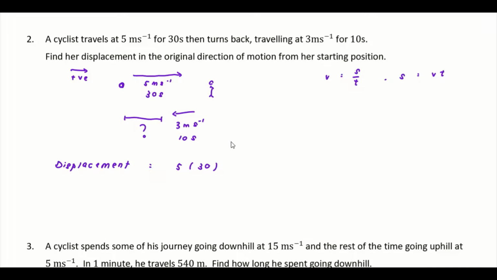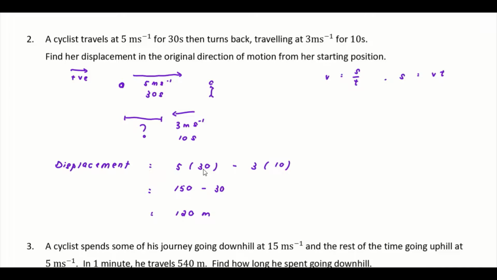Then since the second part is in the opposite direction, it's minus, then 3 multiplied by 10. So you get 150 minus 30, which gives the answer 120 meter. You can imagine if this distance was longer than the other one, then you'd get a negative displacement, which makes sense using this diagram.